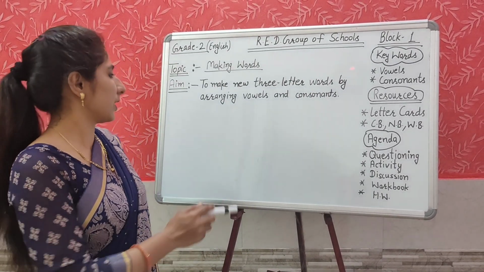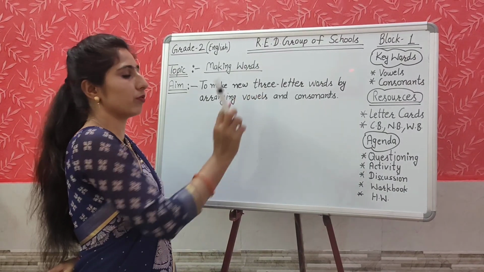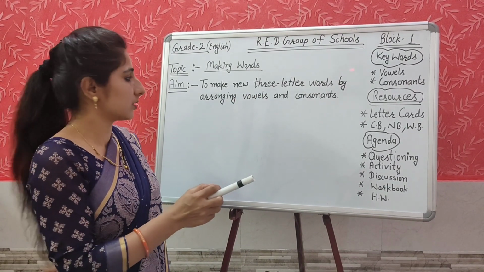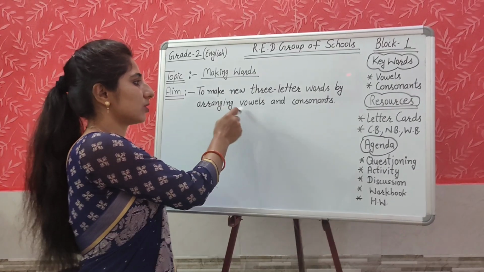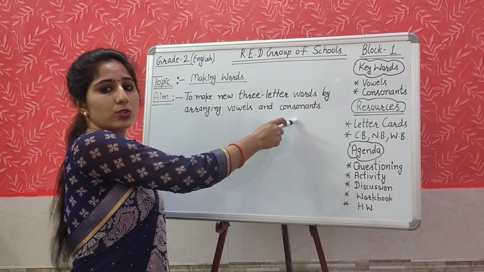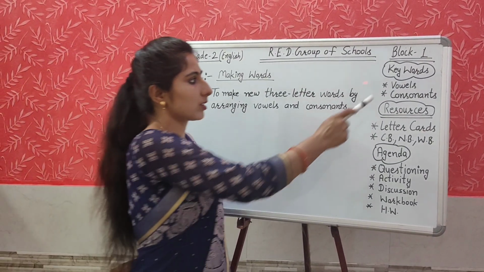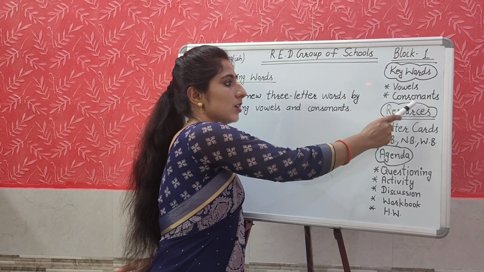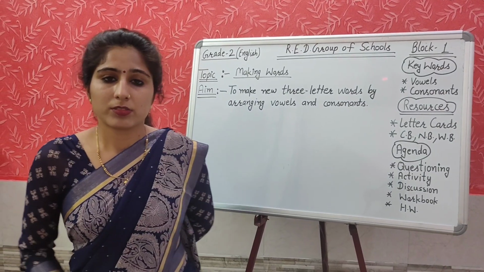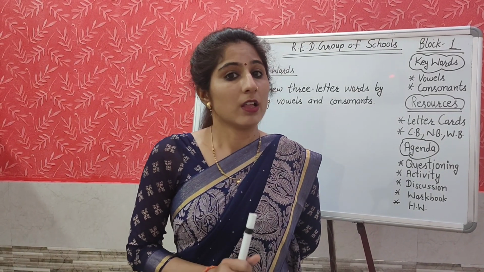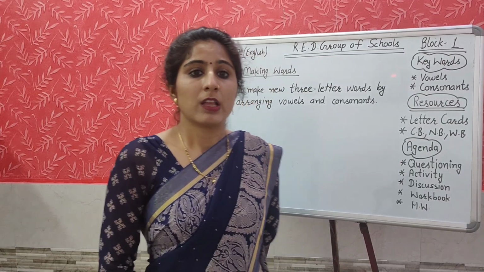What will we do today? We will make three letter words by using three letters, in which we will arrange the vowels as well as consonants to make new words. So what are the key words today? Vowels, consonants. There are 26 letters in the English alphabet family.